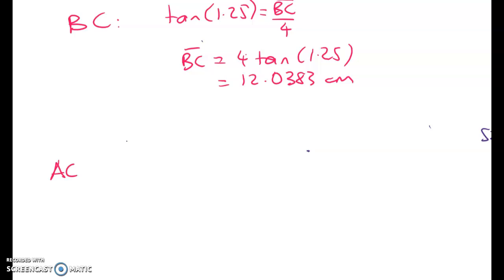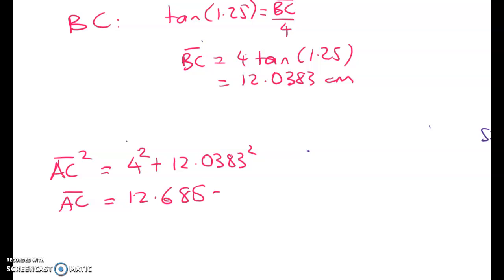So length AC squared, we know, is equal to 4 squared plus 12.0383 squared. So chucking that in your calculator and square rooting it gives us AC is equal to 12.685 centimetres, and then DC is going to be that minus 4.